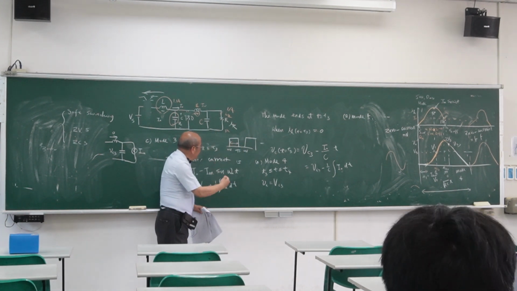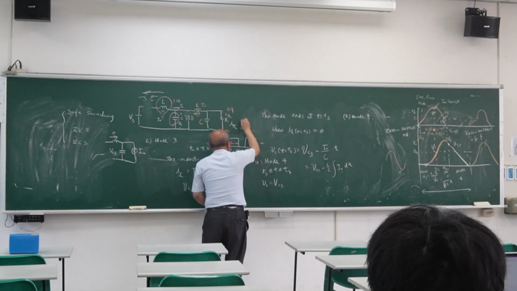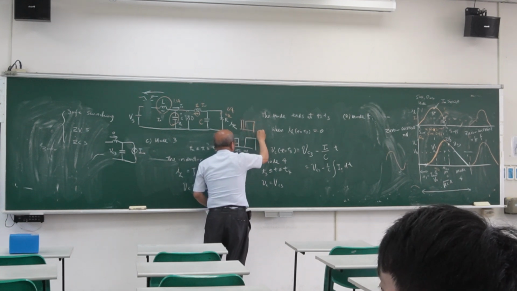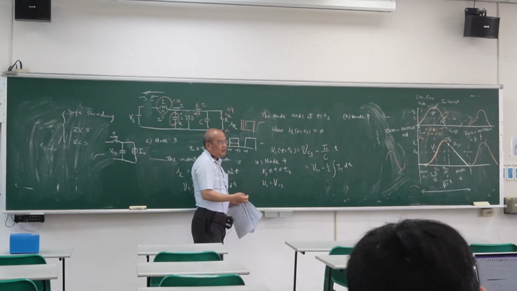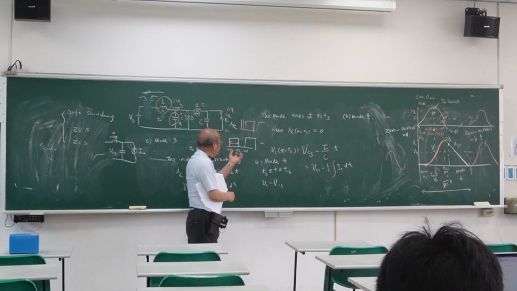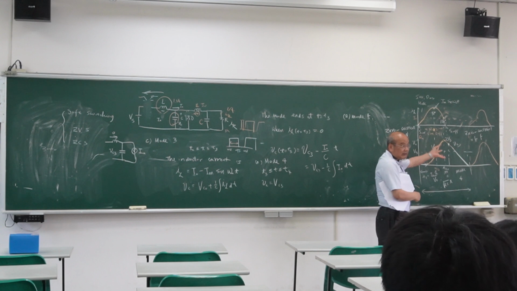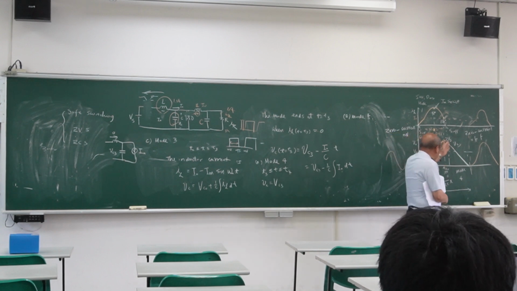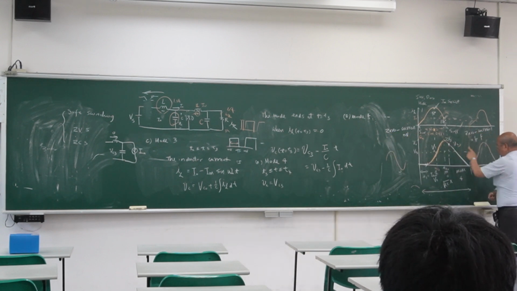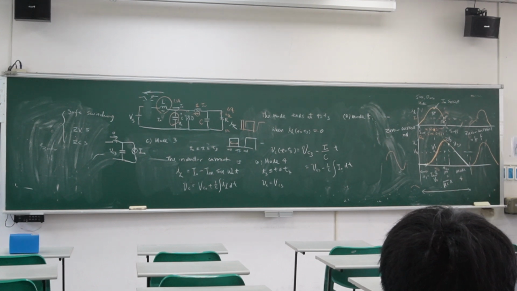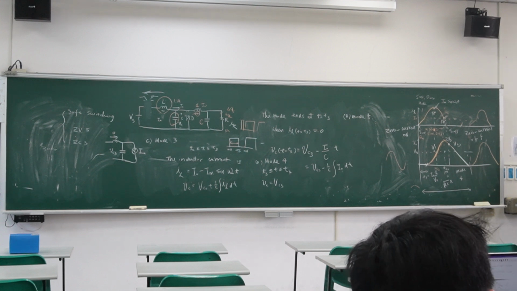But before, if you use hard switching, you can turn on anytime, right? But for soft switching, you can't, because they do resonance. You have to wait until they go back to 0, then you can turn on again. So this is a disadvantage of soft switching.